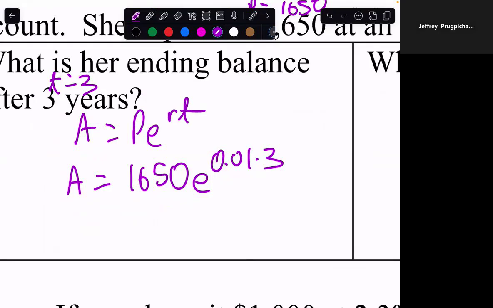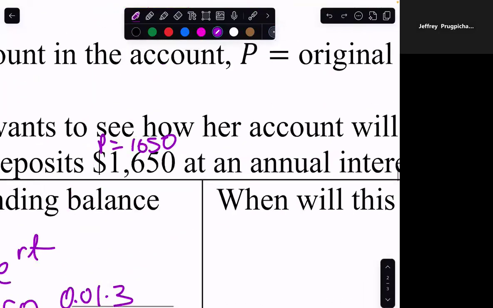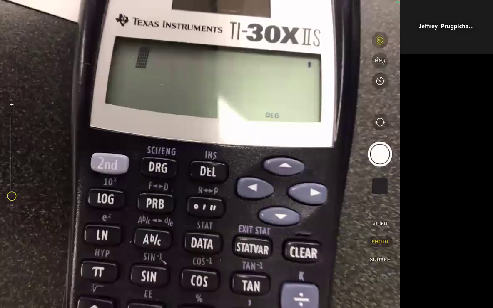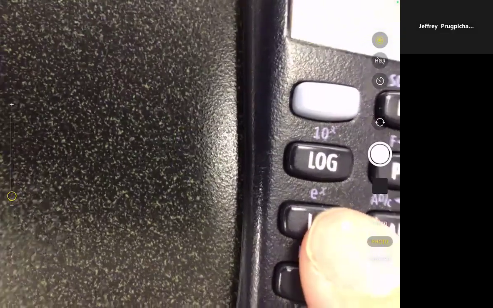Okay, so this is what we type into our calculator. You do have an e button in your calculator. First I type in the coefficient 16.50. Then right above the ln button, hopefully you can see that there's an e to the power of x.